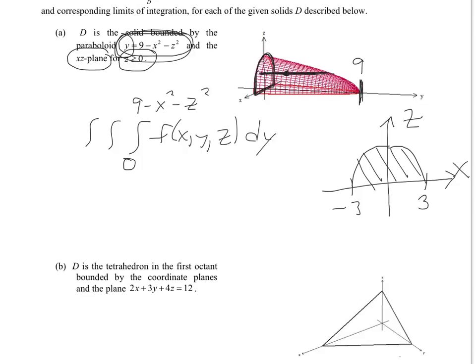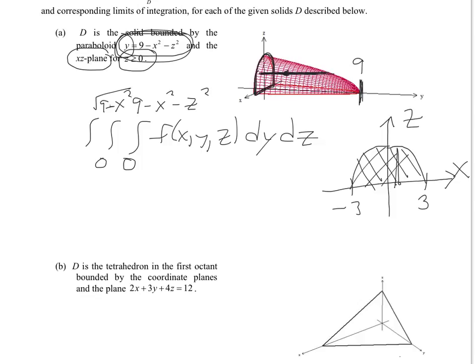So if I now need to set up a double integral that sweeps out this region, I think I would want to integrate with respect to z next, knowing that z should vary from z equals 0, that's the x-axis of course, to z equals the square root of 9 minus x squared. I apologize for my messy writing here.